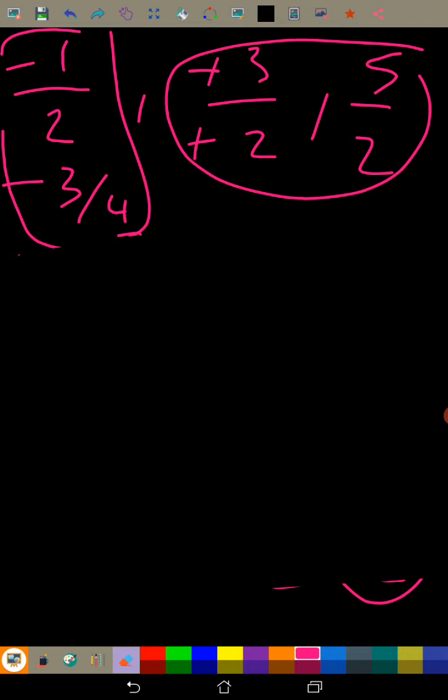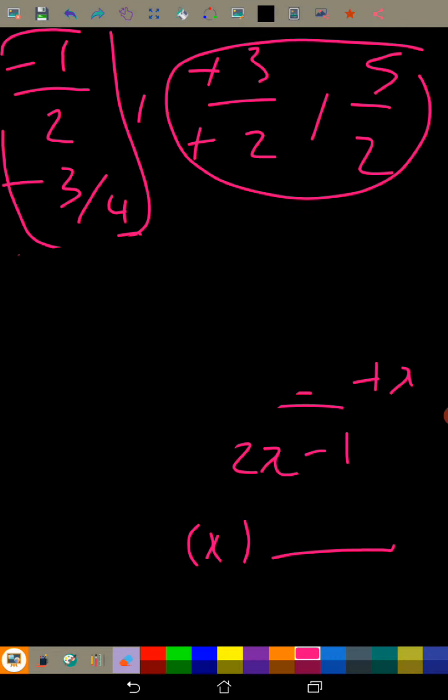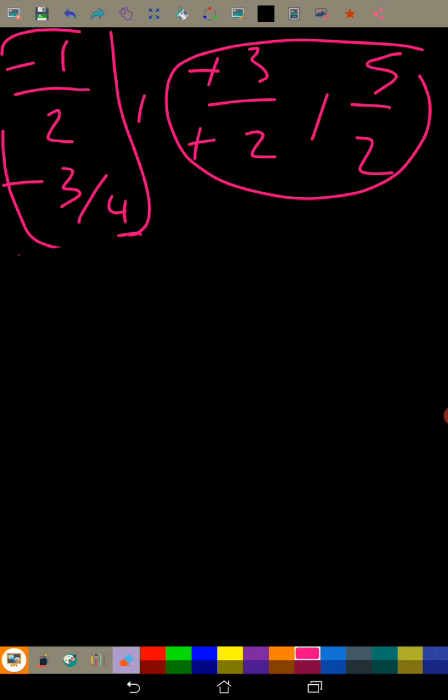So guys, what we know is that we have a function, which I wrote, y is equal to 2 over 2x minus 1 plus x. We know that f prime is something that we calculated. So we need to know how the derivative is changing after and before these points.